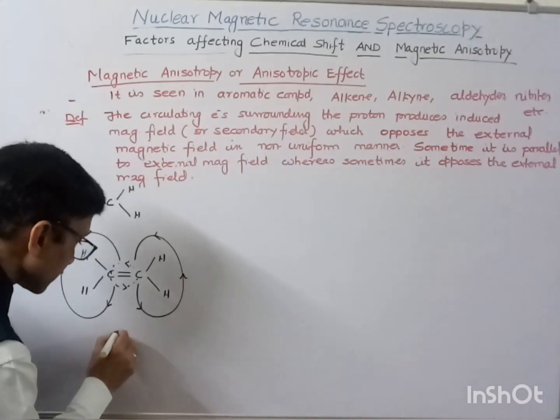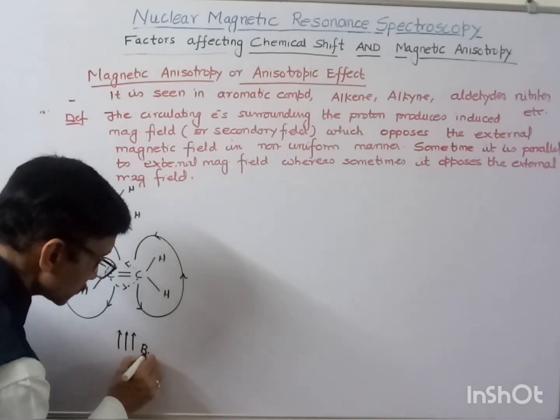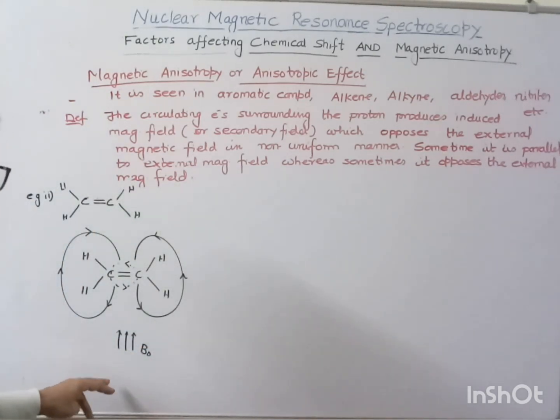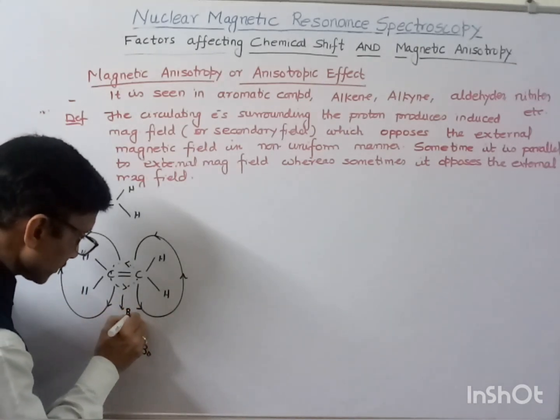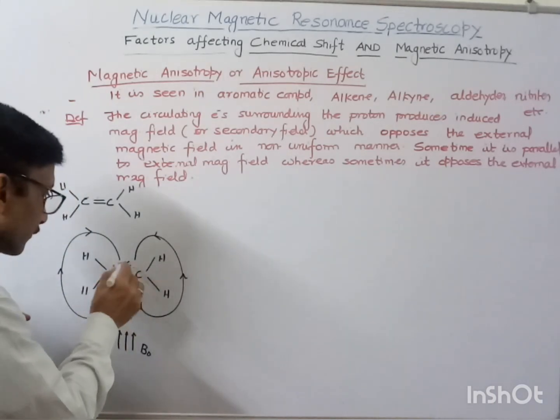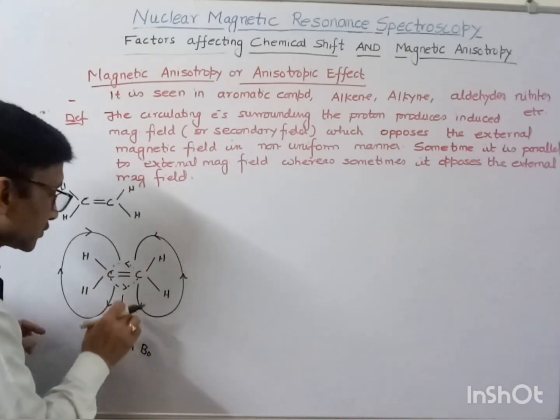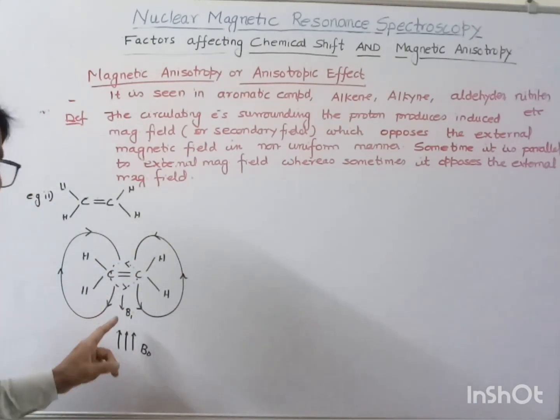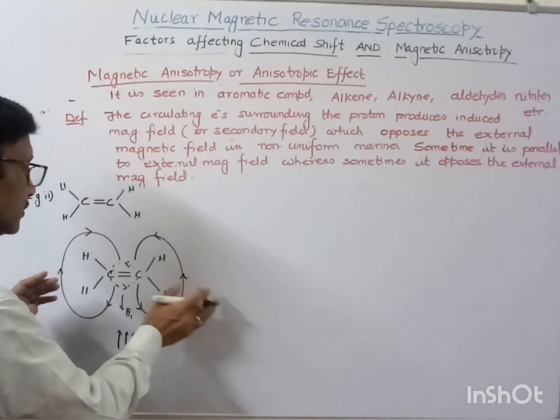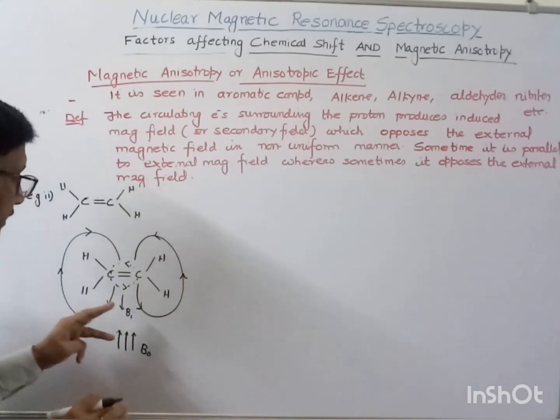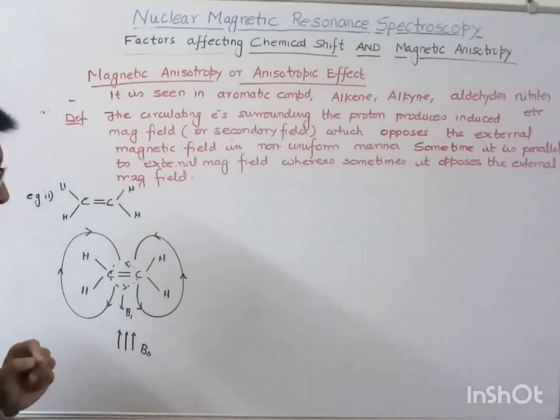The external magnetic field generates a local diamagnetic current, and the induced field Bi, within this pi bond region, opposes the external magnetic field, whereas outside this region, where these protons are present, the secondary magnetic field is parallel to the direction of the external magnetic field.